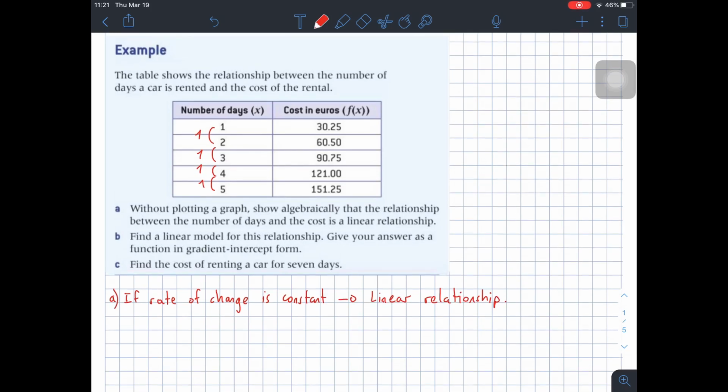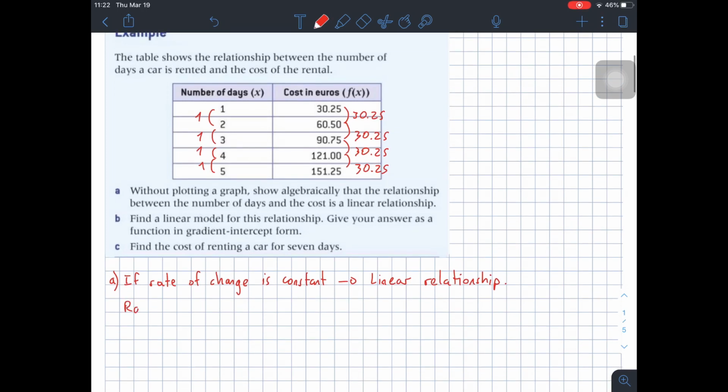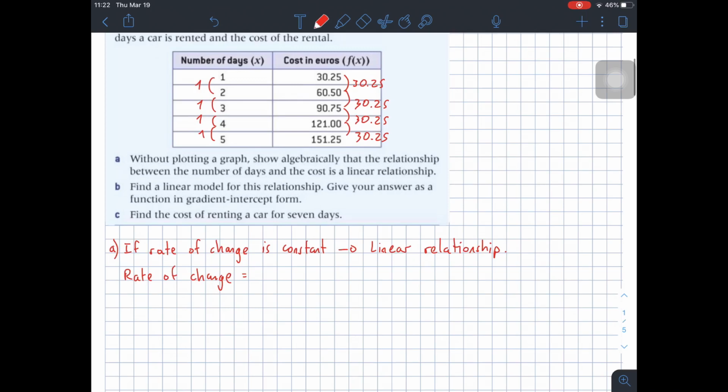The same thing for the dependent variable. This difference is 30.25. Then this is again 30.25, 30.25, and finally 30.25. So if you calculate the rate of change in each case, the rate of change is 30.25 divided by 1.